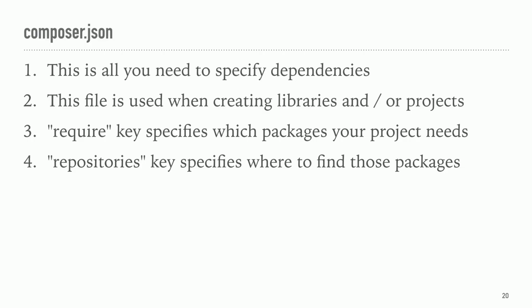In the require section, you would specify which libraries your project depends on to work, with the name of the library and the version that you want to install in your application. And in the repositories key, you would specify where to find those packages. So you would define what you need and where to find those packages.